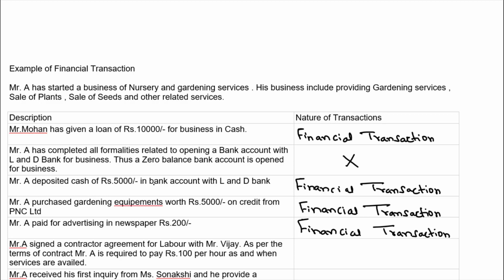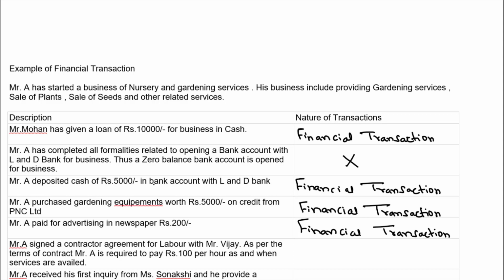So if you see, there is only a contract which has been signed. Okay. So as of now, no fixed services are being availed from him and there is no obligation to pay Mr. Vijay as of now. Okay.